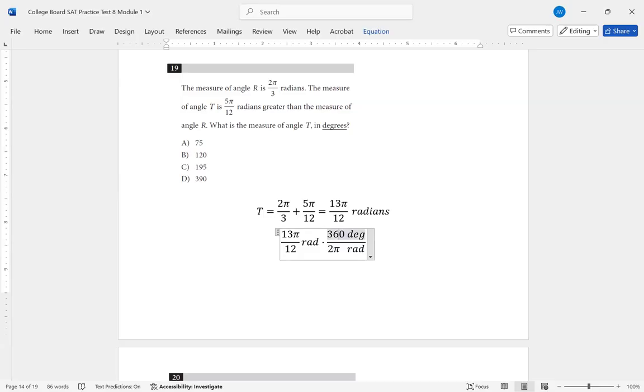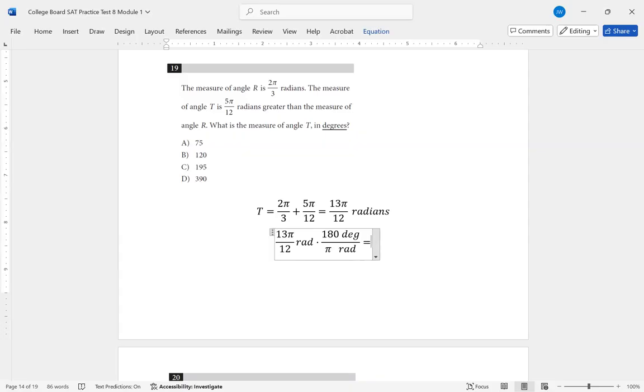But more people than not say, well, if 360 is 2 pi, then 180 is 1 pi. 180 degrees is pi radians. Again, I'm getting that 360 is 2 pi from the formula sheet at the beginning of module 1.